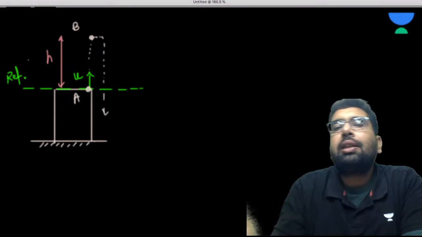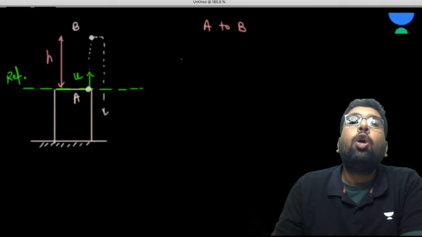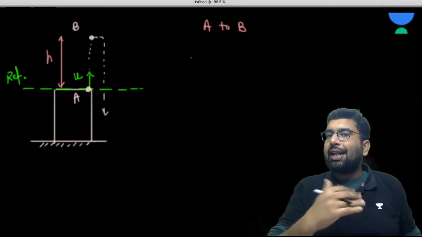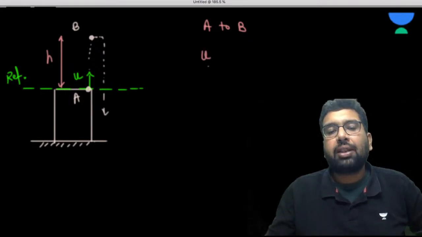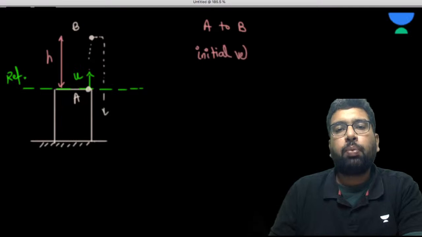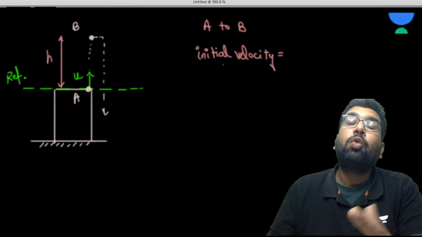So if I consider the motion between A to B, let's process the information that we have between A to B. So we have the initial velocity. What is the initial velocity? U, right? We have three equations, and it is very important that we understand which equation we have to use in what condition.